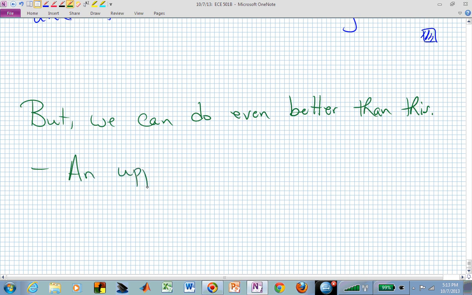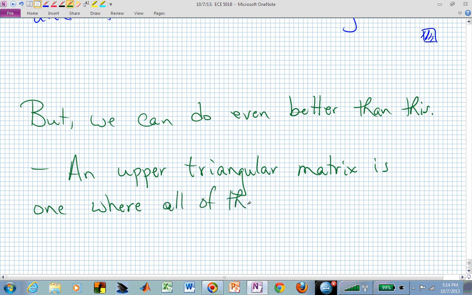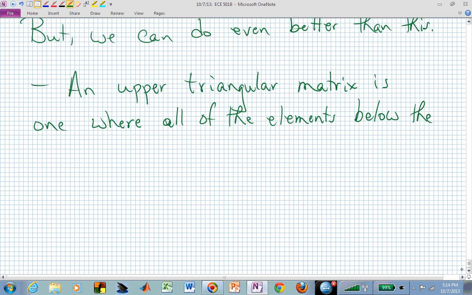And that is an upper triangular matrix, one where all of the elements below the diagonal are zero.